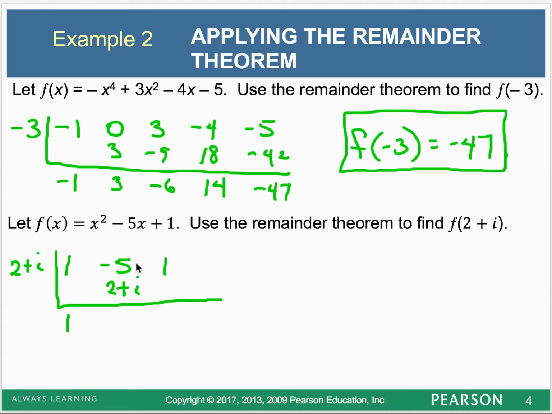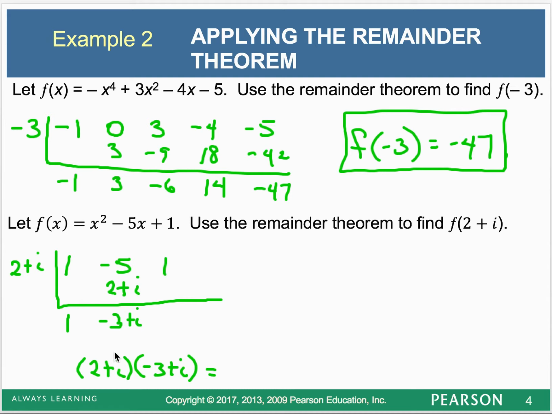Remember, when we're adding complex numbers, the real number parts add and the imaginary parts add. So this is really -5 plus 0 i's, right? So this would be -3 plus i. I've got to multiply these together. I might have to go over to the side to do that, or in this case down at the bottom, right? 2 plus i times -3 plus i. It's just our distributive property.